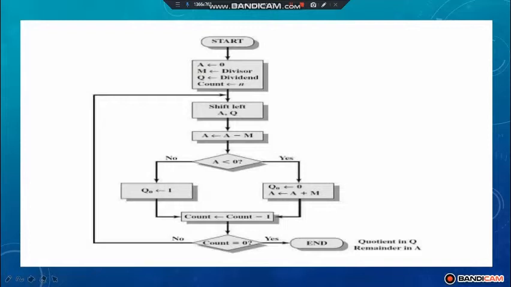Count is equal to count minus 1. If count is equal to 0, then the process goes to the end. If count is not 0, then we do the same process as earlier, shift left and then check whether A is less than or equal to 0 or greater than or equal to 0, like that.